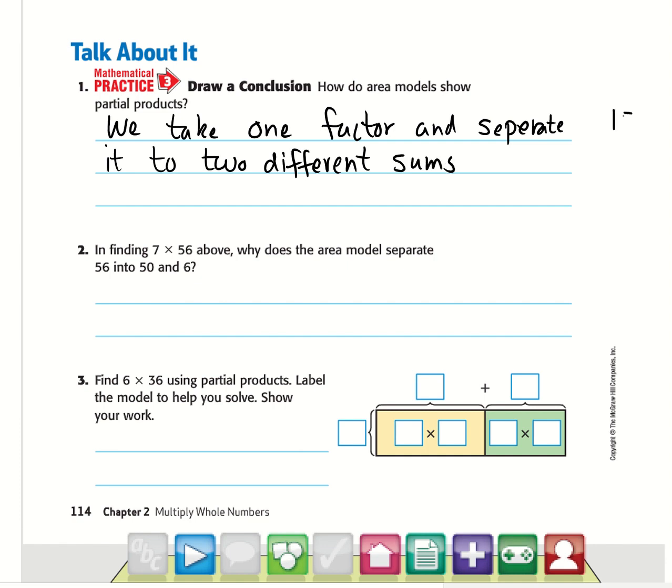For example, we took 17 and separated that into 10 plus 7. We took 56 and separated that into 50 plus 6. So that's what that sentence is stating.